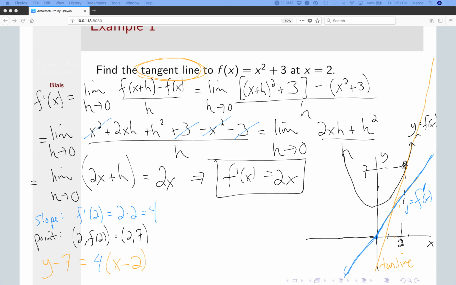So you can see how this line, this graph of the derivative of f, tells us a story about the slope of the tangent line to this black curve, y equals f of x.